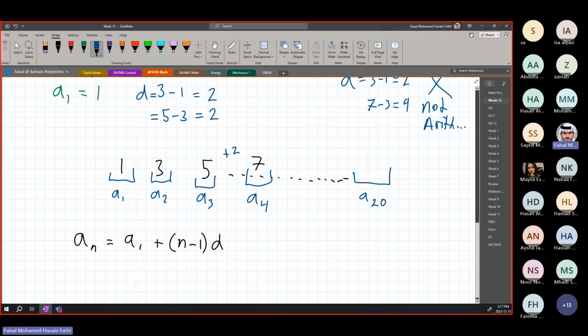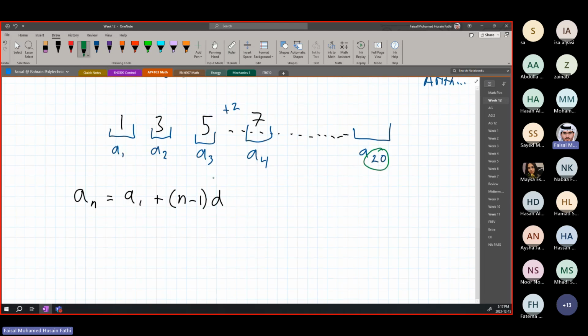So first you need to determine your n. In this case, we want to find our 20th term, the 20th location of the sequence. So we have A20. This is what we need to find.